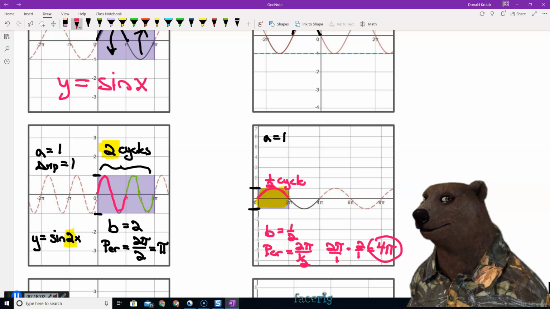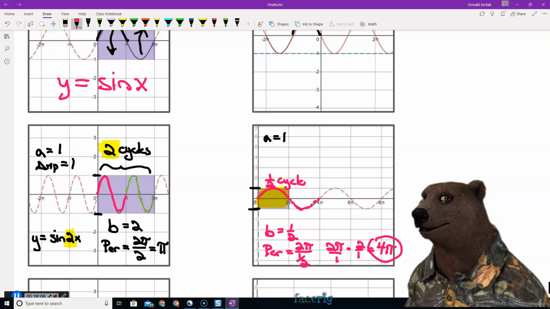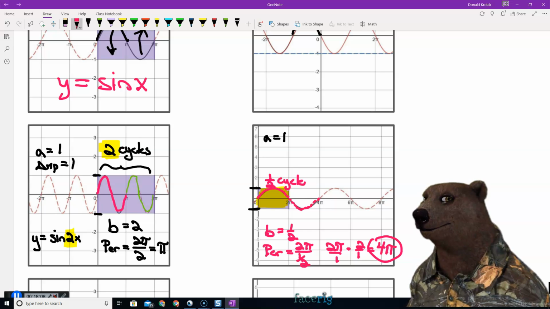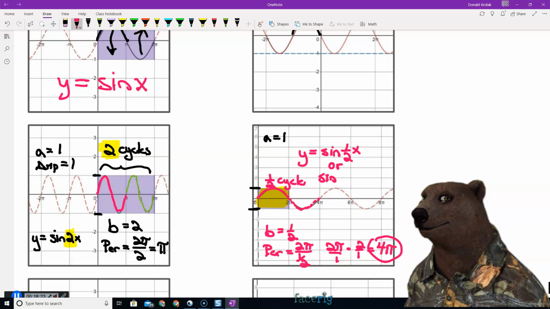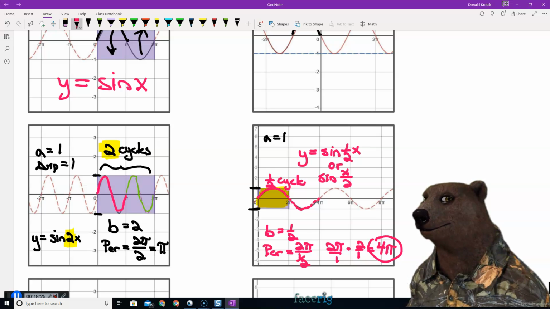Now if you look at it, you see a full cycle of sine occurs when it reaches 4 pi. So this equation would be y equals 1 sine, and now the B value is 1/2 x, or it can be written like this, x over 2. Same thing.